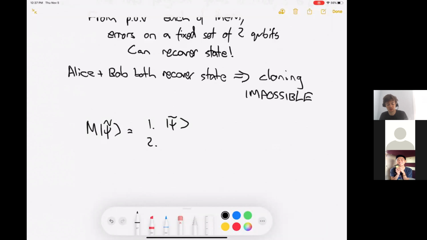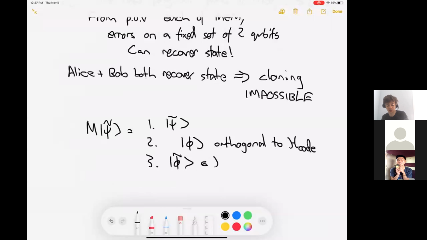Or 2, some state phi that's orthogonal to the code subspace, i.e. has eigenvalue -1 for one of the M_i's, or 3, some phi tilde that is in the code subspace, but that's not equal to psi tilde necessarily, right?